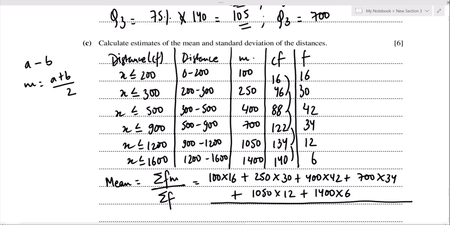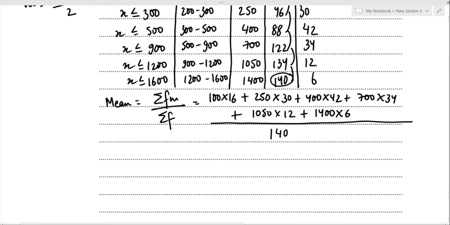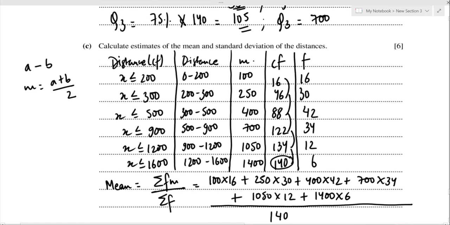So we can see that the total frequency is going to be 140. Alright, this gives us the mean value of 505.